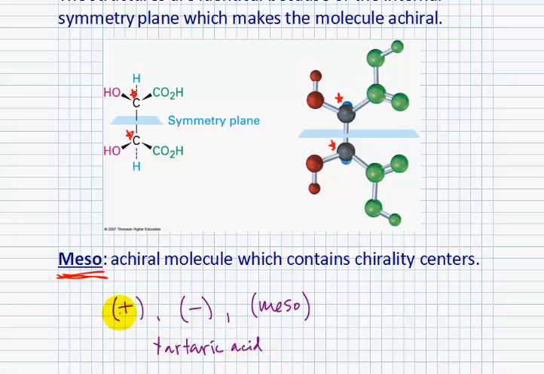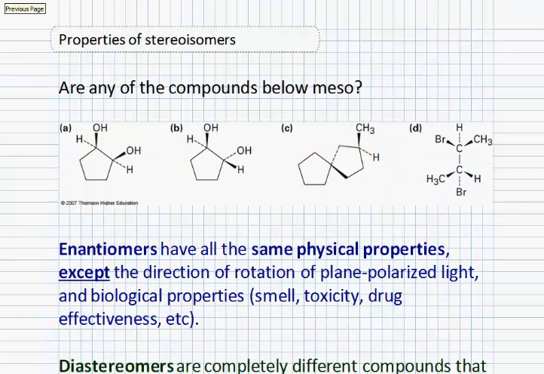If I had a pure sample of plus tartaric acid, it would rotate light clockwise. Pure sample of minus, it would rotate light counterclockwise. If I had a pure sample of meso, it would not rotate light. It's a single substance, but it's achiral, so not optically active.